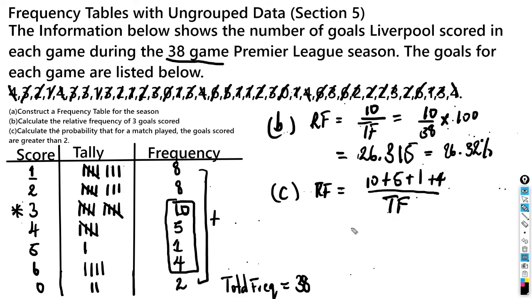So I'm going to end up getting 10 plus 5 plus 1, which is 16, plus 4, which is actually 20. Yeah, 20 over 38, which would give me the probability, which is 0.5263.